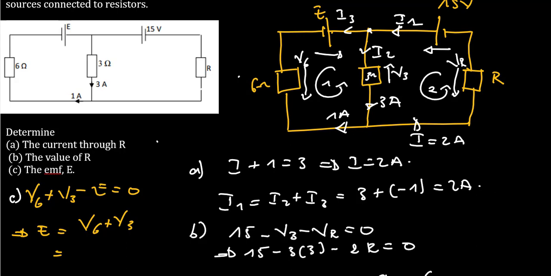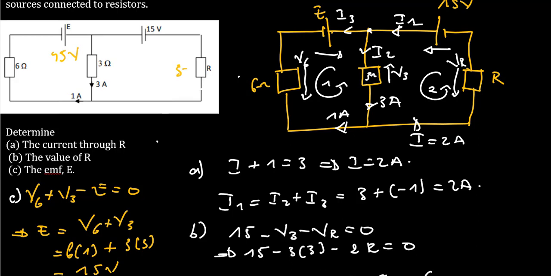V6 is the voltage drop across the 6 ohm resistor, which is the current 1 times the resistance. So it is 6 times 1 plus V3. V3 will be 3 times 3. So what we get here is 3 times 3 is 9 plus 6, which gives 15 volts. So it means the value of this EMF is 15 volts.